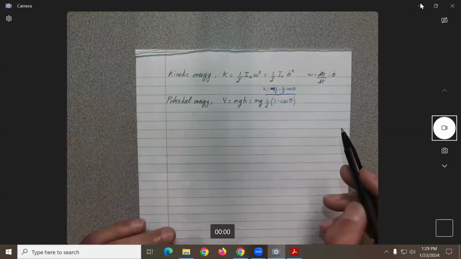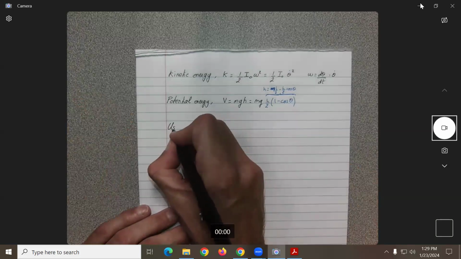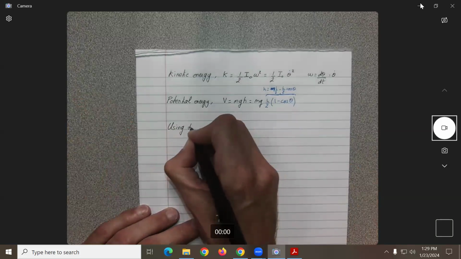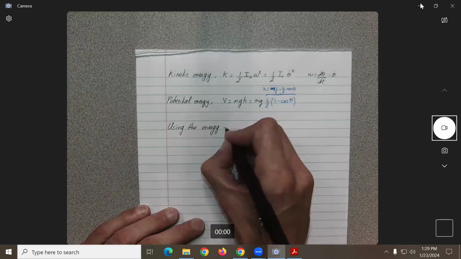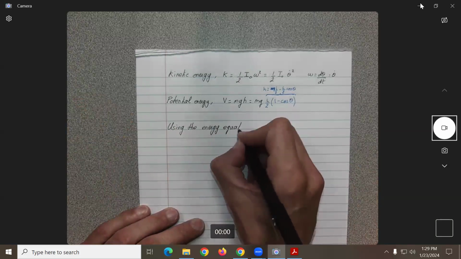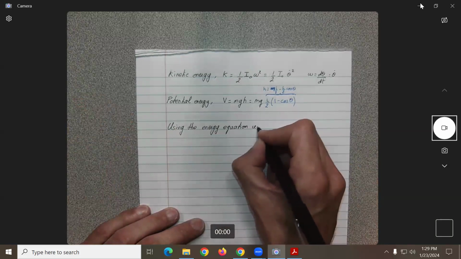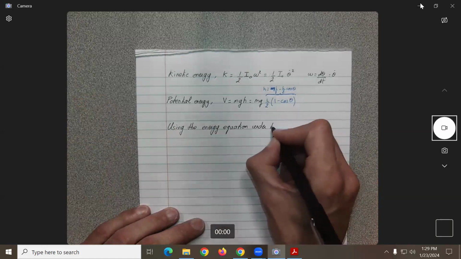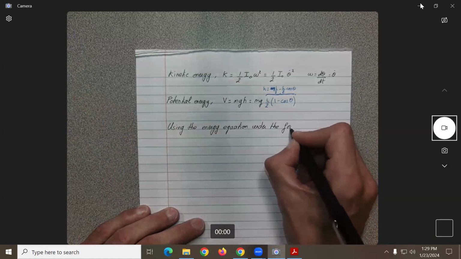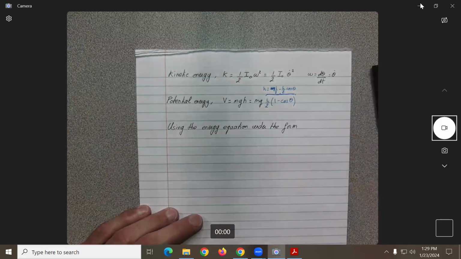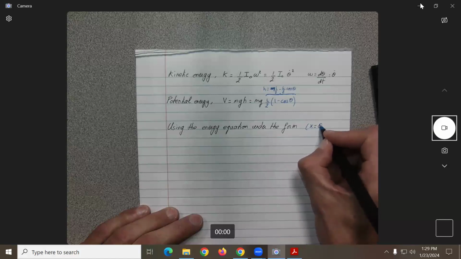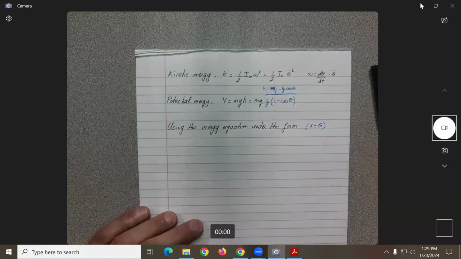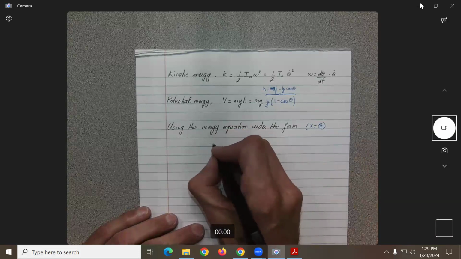Okay, so next we're going to say, using the energy equation under the form. So before I write it down, this time instead of x, what do we have? Theta, no? So the equation becomes what?